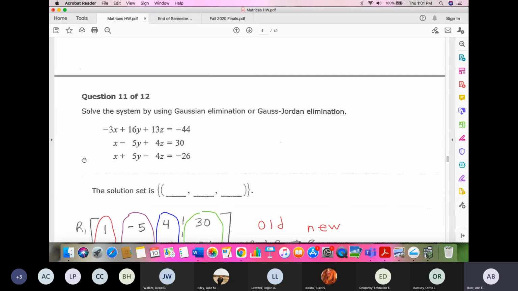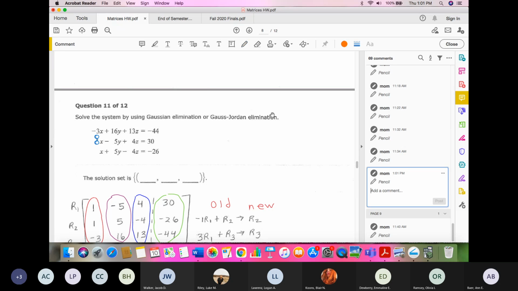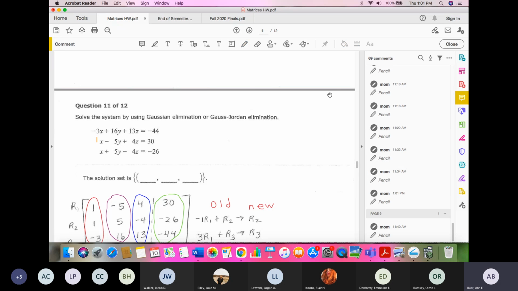So there's really an understood 1 right here, and I just put it in. And there's also an understood 1 right here.